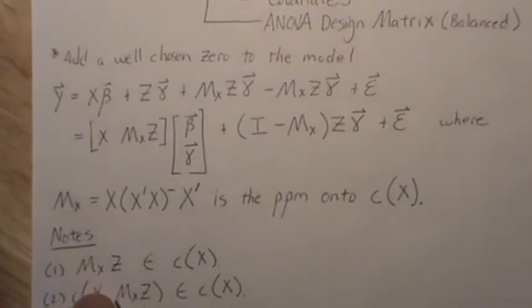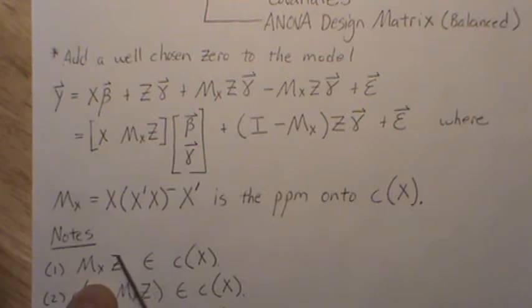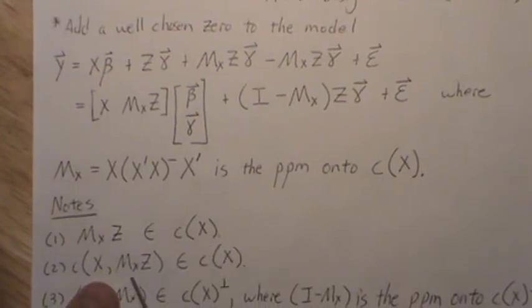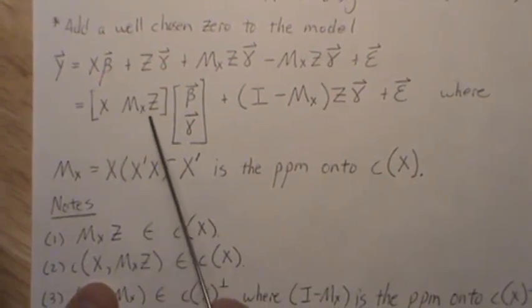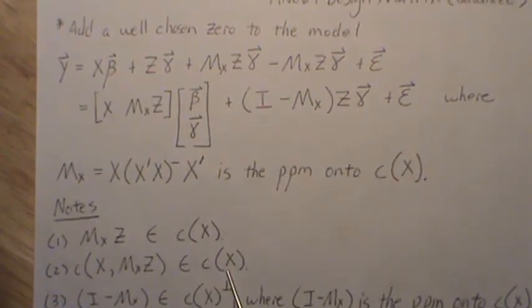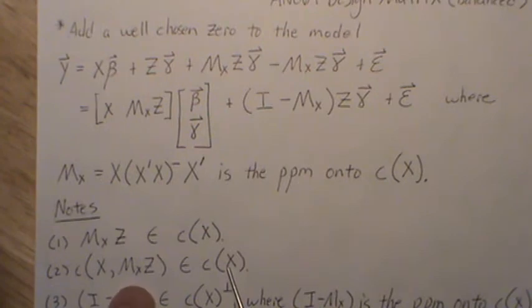So if we look at MXZ, it shoves Z down into the column space of X, right? So if we look at this augmented matrix, X and MXZ, and look at that column space, really this is already in the column space of X. It's one of those duh moments once you see it though.